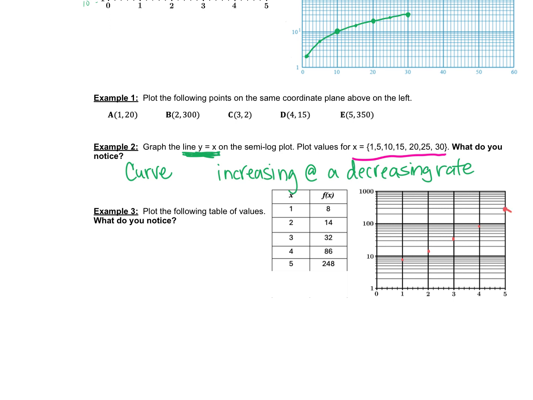So here's our picture, give or take a little. What do you notice about this one? It's roughly linear. It appears linear.